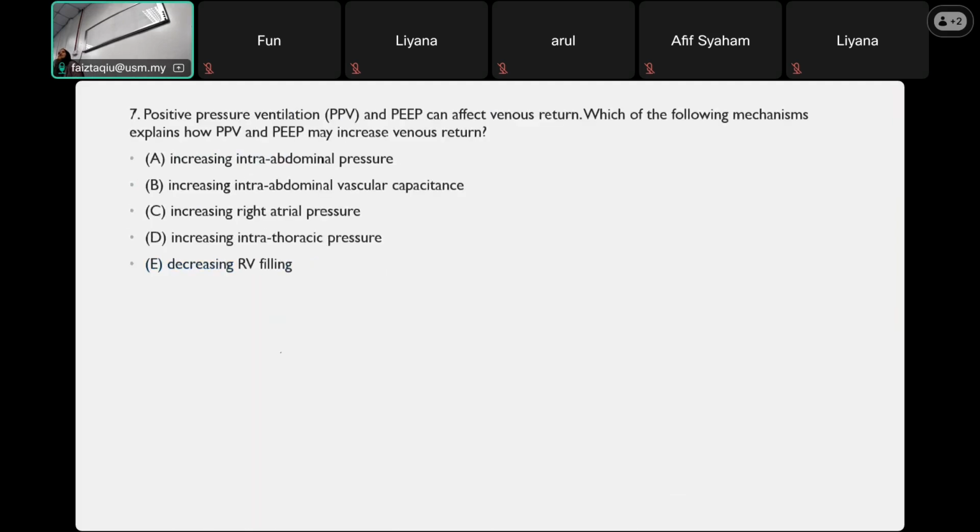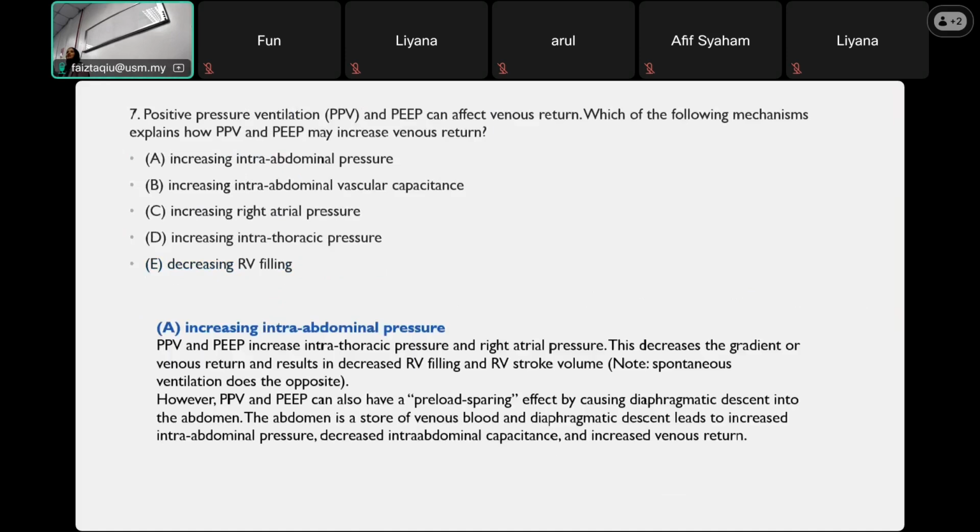Okay. So positive pressure ventilation and PEEP can affect the venous return. Which of the following mechanisms explain how PPV and PEEP may increase the venous return? Betul tak? Jawapan dia A, increase of the intra-abdominal pressure.